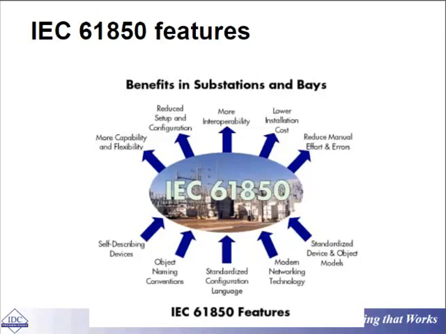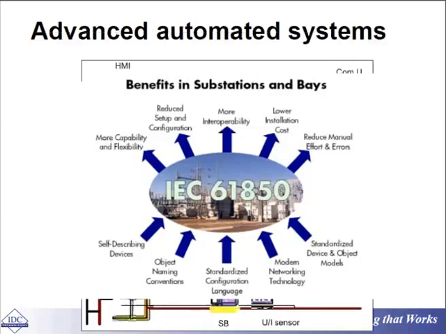Like, for example, reduced setup and configuration, more interoperability, lower installation cost, reduced manual effort and errors, standardized device and object models, modern networking technology, standardized configuration language, object naming conventions, self-describing devices, more capability and flexibility, and things like that. A lot of things. So these are the benefits of 61850.